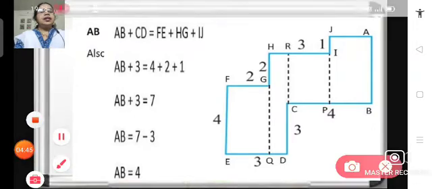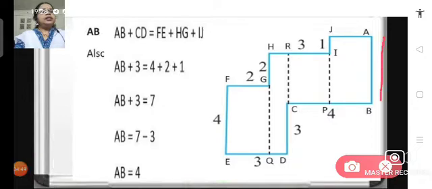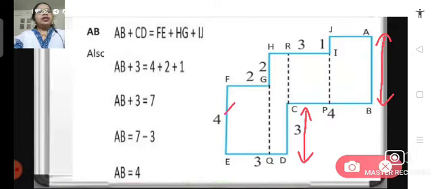Children, you can see that AB plus CD, that means this one AB plus CD is equal to FE plus HG plus IJ, isn't it? So whatever values we have, we will put them and find AB. So CD is 3, we know, isn't it?